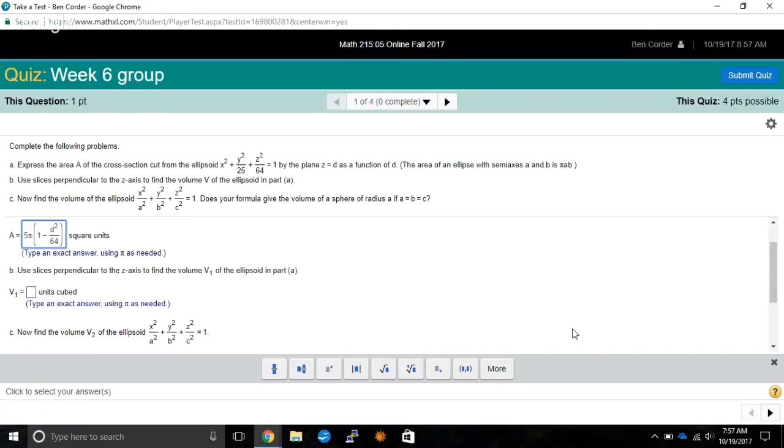What are you getting as the antiderivative of the second term? The integral. 5 pi over 64 times 1/3 d cubed. Okay, is that right? Yes, that's right. What are you getting for your second term?